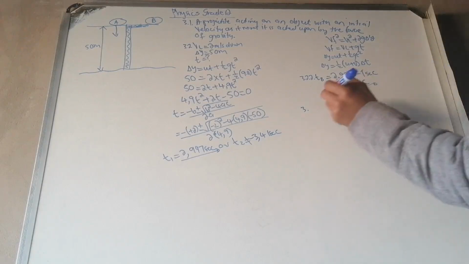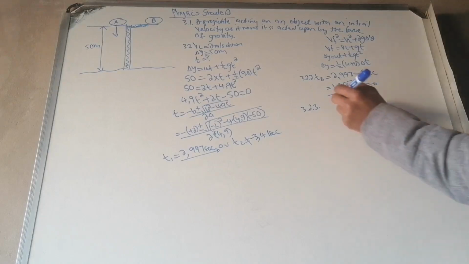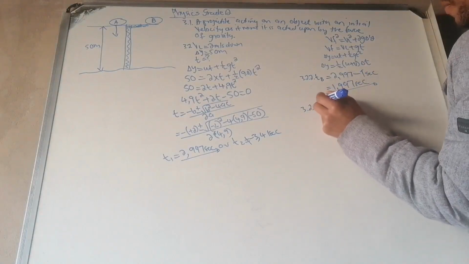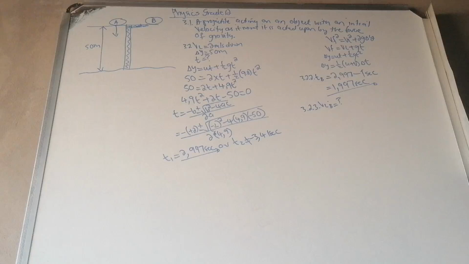Okay, let's go to 2.2.3 now. And they say to us, what is it that they want? Initial velocity of stone B. Right. They want the initial velocity of stone B. Right, it was thrown at a certain initial velocity.